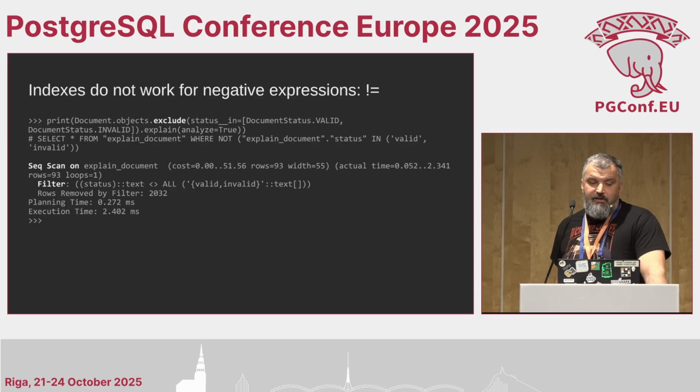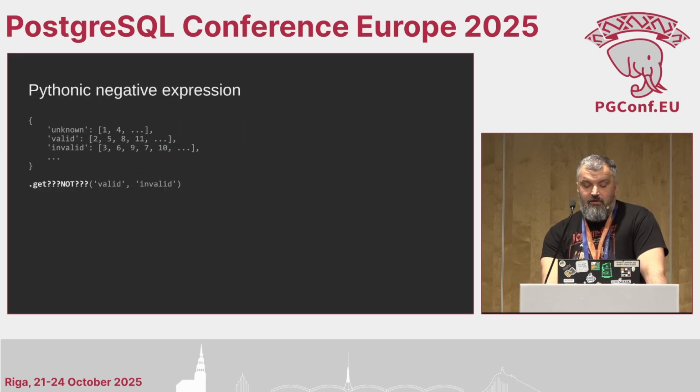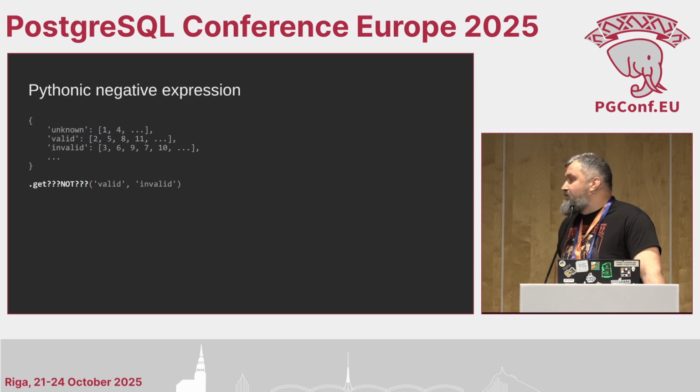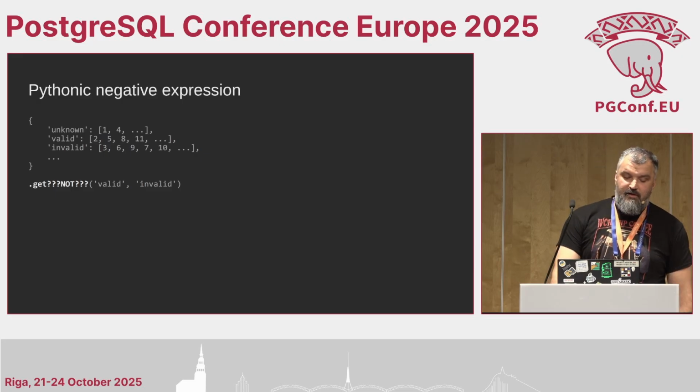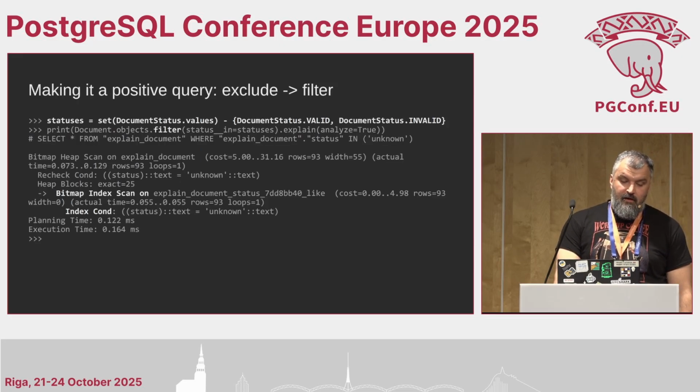So indexes do not work for negative expressions, and a quick fix is to transform it in application code. Just in Python, imagine if we had a dictionary with 3 keys, and we can't query, give me a key which is not one of those, so it leads to a scan through the whole keys.